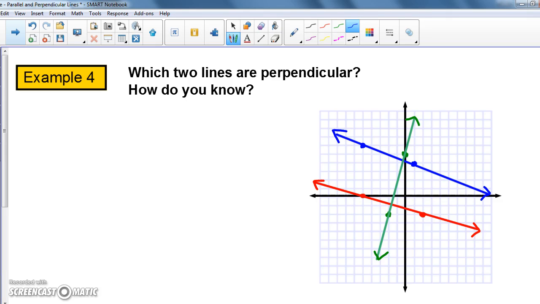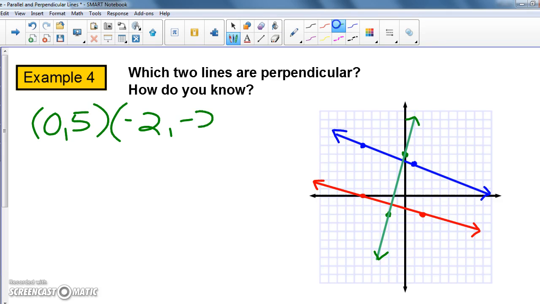Now you can see right away, think to yourself, which two are not perpendicular totally, absolutely? The blue and the red, right? Those can't be perpendicular. They look almost parallel, but they're not perpendicular. So what I'm actually going to do first is find the slope of the green, and then see which one is perpendicular to the green. So the green one has 0, 5, and -2, -2.